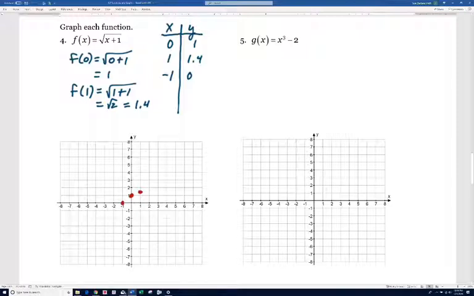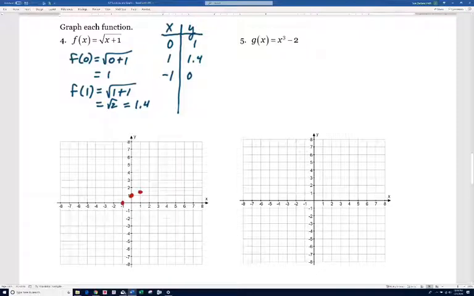And notice if I plug in something to the left of that, like negative 2, we'd be taking the square root of negative 2 plus 1, which is going to be the square root of negative 1, which is imaginary. Now when we're dealing with functions, I always tell my students, you got to keep it real. Anytime we're graphing on the xy axis, we're dealing with real numbers. And so we can't plug in any number that's smaller than negative 1.